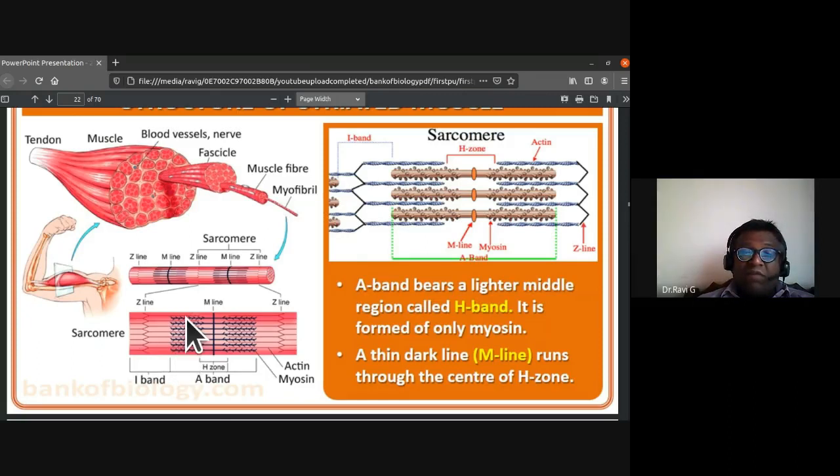Anisotropic bands have both actin and myosin filaments, with thick myosin deposition. In the middle there is a lighter region called the H band, formed only of myosin. And this region also has a thin dark line called the M line, which runs through the center of the H zone or H band.